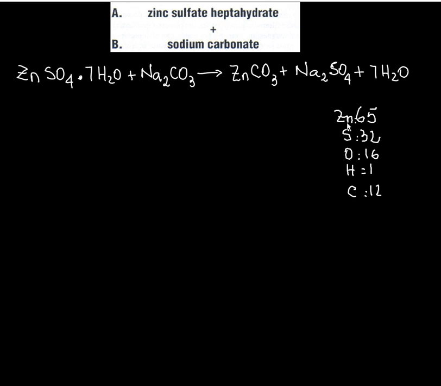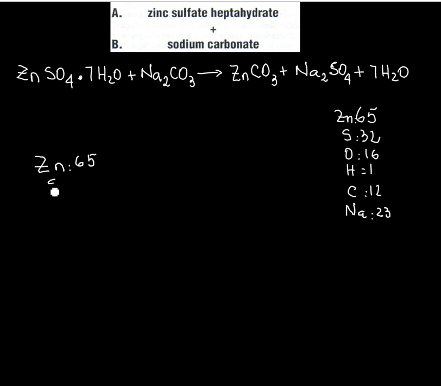Okay, we put the molar masses of each of the elements that are included there. I think we are missing the sodium. The sodium is 23. So if we add up for the zinc sulfate, it's going to be zinc 65.